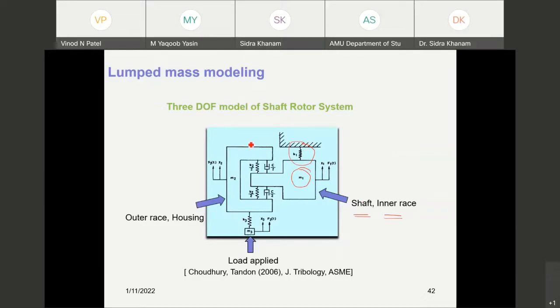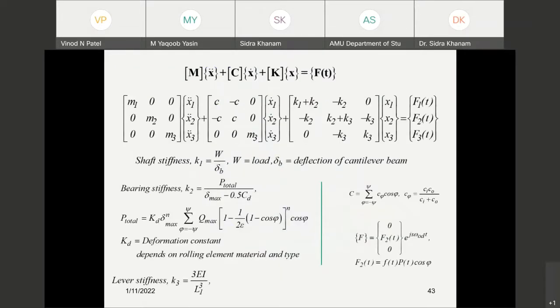Here there is the outer race and its stiffness, and the bearing stiffnesses have been considered linear, with some damping effect used, while the third mass is the additional load applied to the bearing. So it is a lumped mass model, and equations were derived for this case this way.